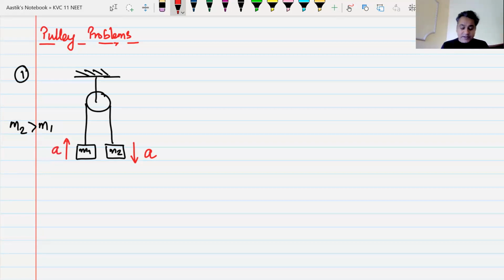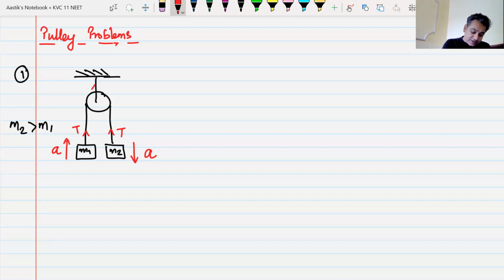So this one would be A. So in this particular type of problem, there are two things which are unknown. One is the tension in the string and the other one is the acceleration of the blocks. I will give you 2 minutes. If you can do it on your own, very good. If not, don't worry, I'll tell you how to do this. Think about it.